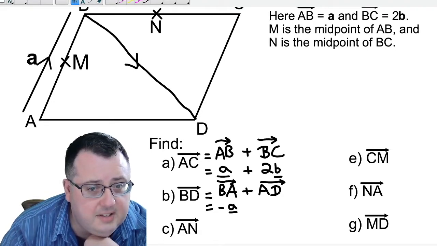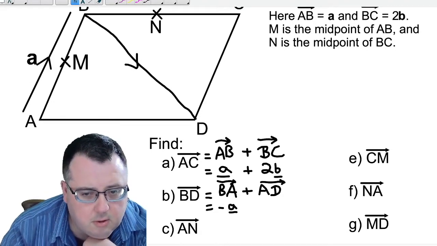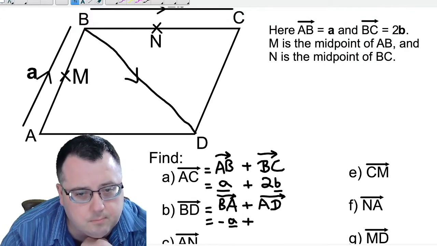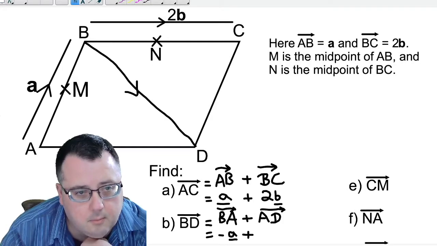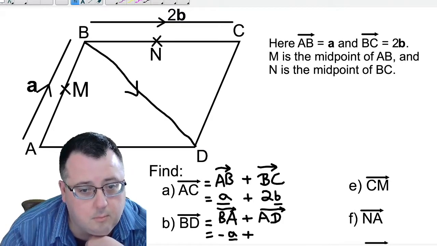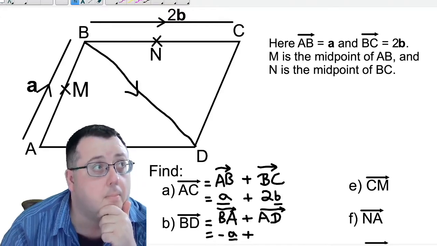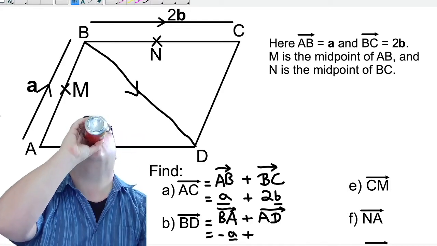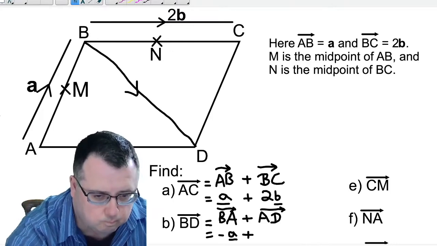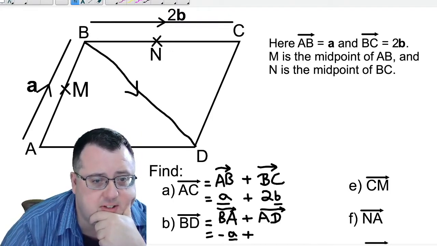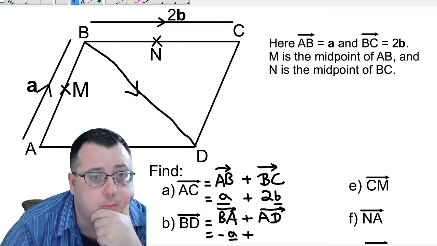And then we need to do A to D. Can you tell me what A to D would be? Let me spell it out. It's this line here.